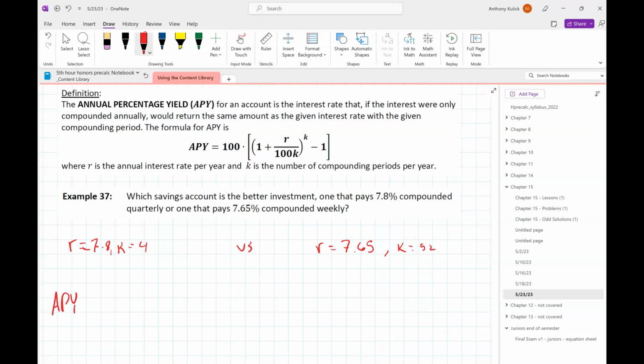So again, all we're going to do is convert these into APYs. Just put a subscript on those.